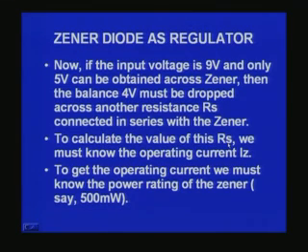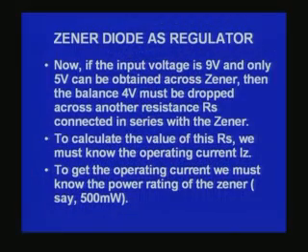For this, we should know the current that we would like to have, the operating current for the power supply. I call that IZ in this case. So how do we get the operating current? One way is to find out the minimum and the maximum current that can pass through the Zener without any damage to the device.